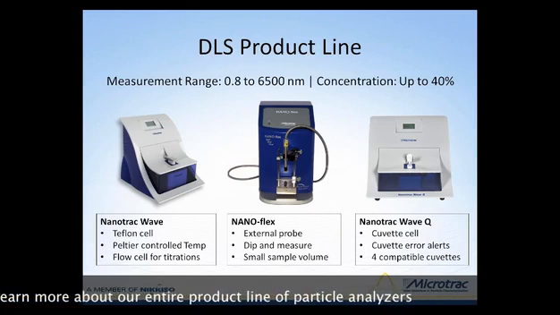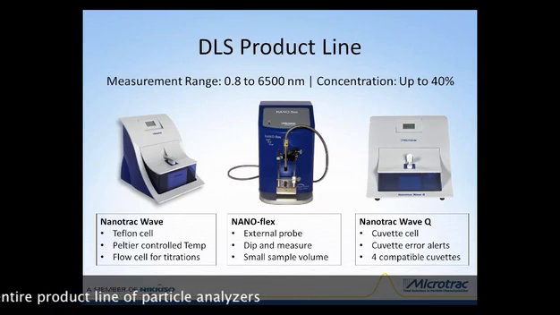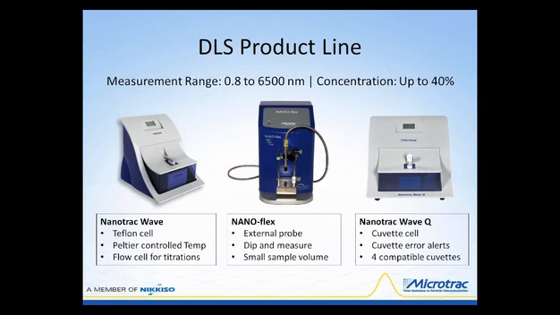It also comes in 4 compatible cuvettes: a 1,000 microliter macro volume, which is made out of plastic, a 1,000 microliter glass cuvette, a semi-micro that's 300 microliters that's made out of plastic, and then our 50 microliter cuvette.